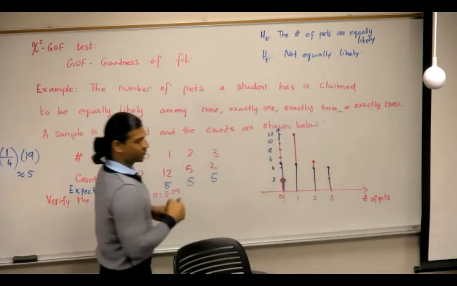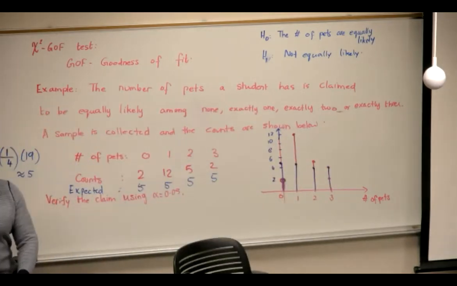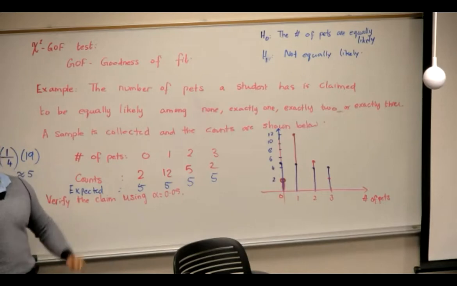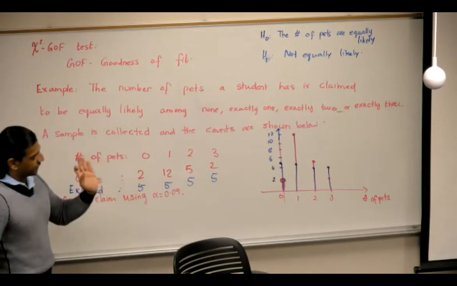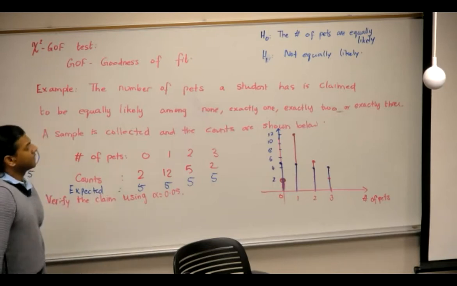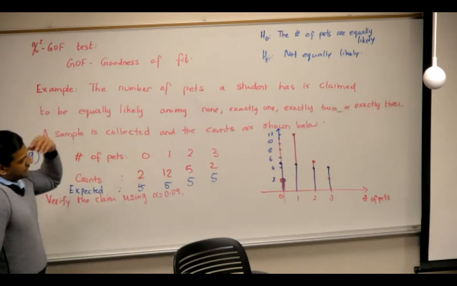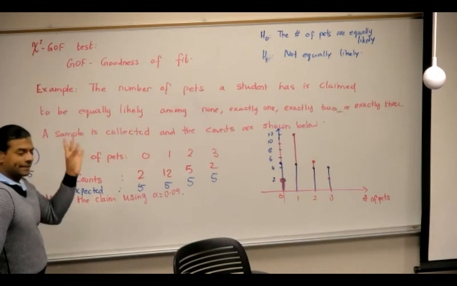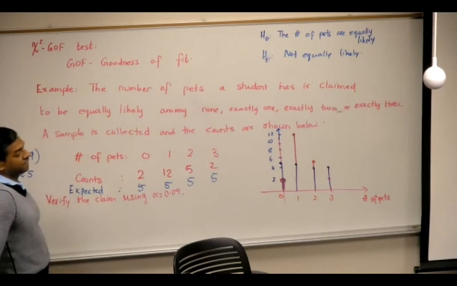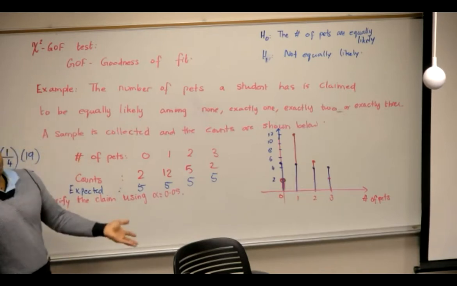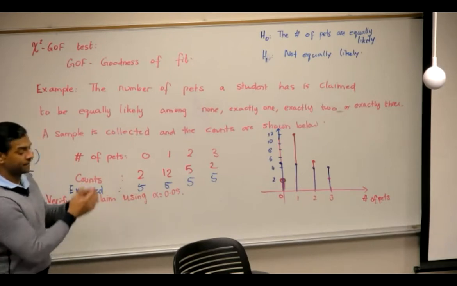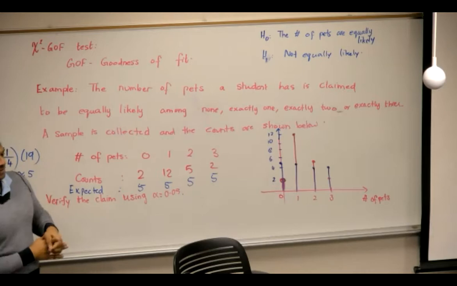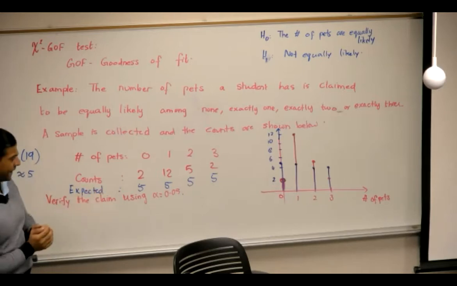Do they match visually? Not even close, correct? The expected and the observed don't match up at all. So even though to the naked eye it looks like the claim is going to be false, we can't simply say the claim is false. We have to provide evidence and do it properly, which is why we have a goodness of fit test.